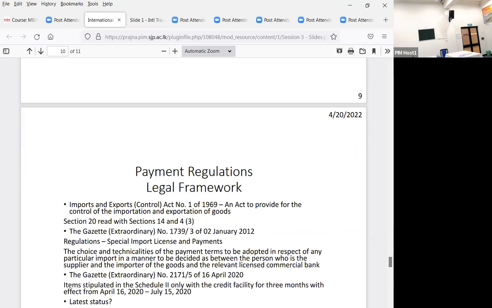But it depends on the market, whether it's a buyer's market or a seller's market, and on the type of goods. If you insist on payment before sending the goods, you will not get the business. Depending on the goods, you have to take a calculated risk. So most of the exports are even now going under open account, but otherwise you can't have a business.